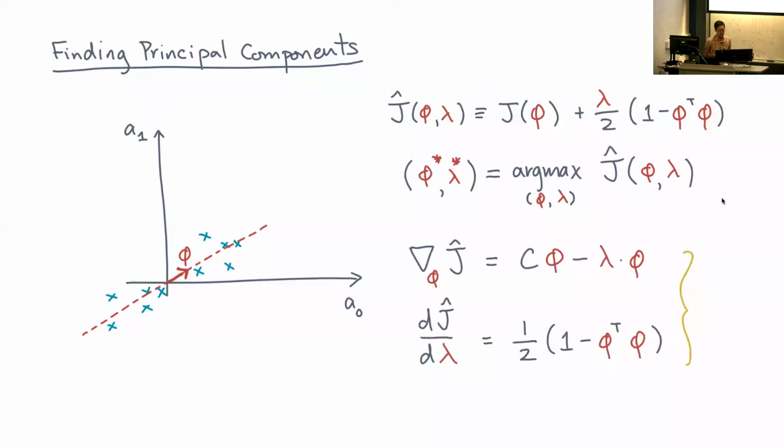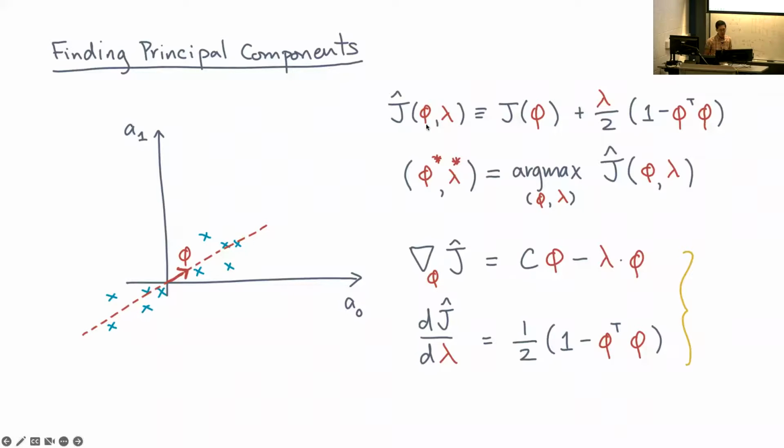And of course, when you maximize, what do you do? You take all the partial derivatives with respect to all of the free parameters, in this case the phis and this new dummy parameter lambda. So you'll take derivatives, or the gradient in the case of phi, and set these equal to 0, and that will lead you to an extreme point. And then hopefully one of those extreme points is a maximizer. So that's the usual thing.